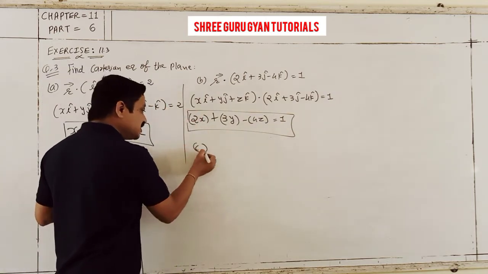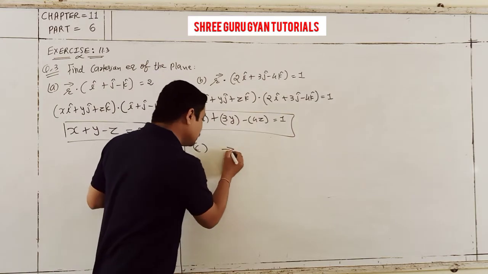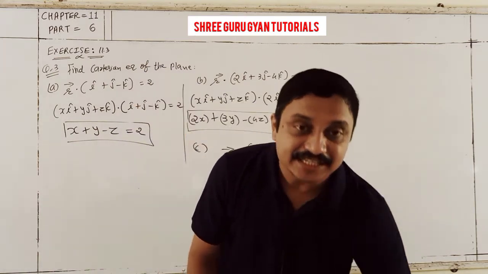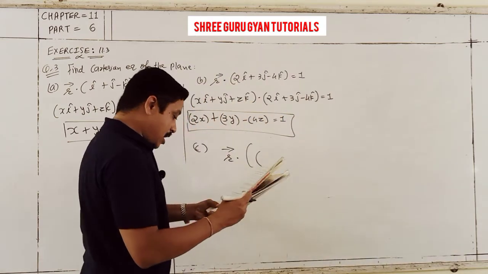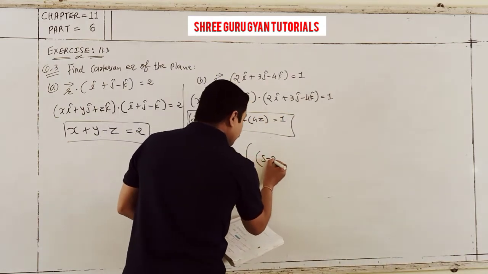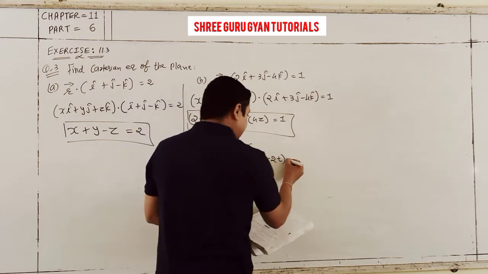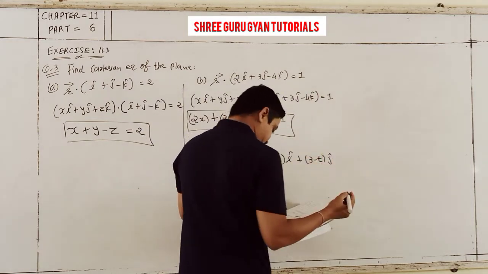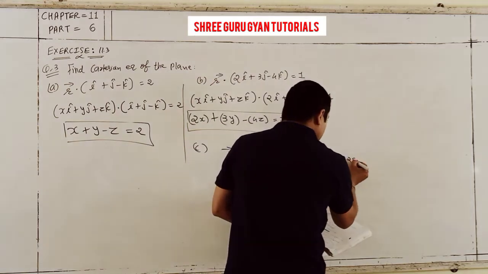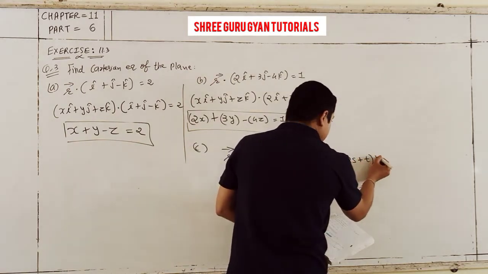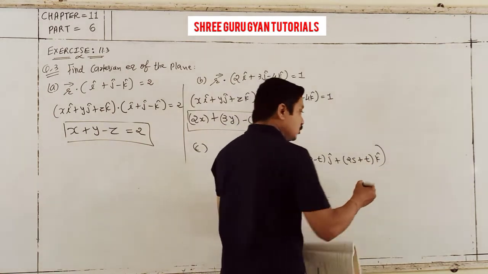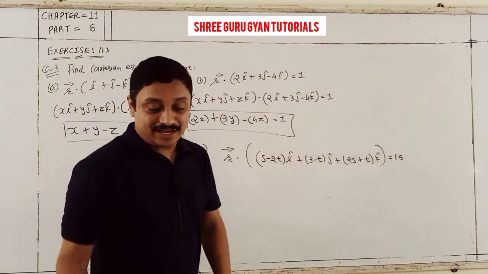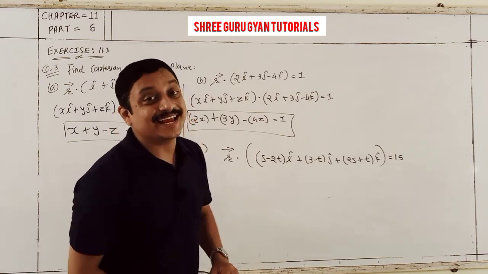And same, students, for the third: r dot (s minus 2t) i plus (3 minus t) j plus (2s plus t) k is equal to 15. Very easy, I just write r in the form xi, yj and zk.